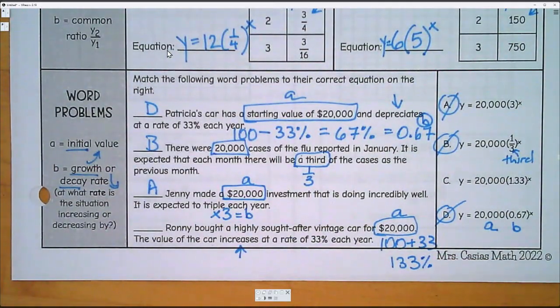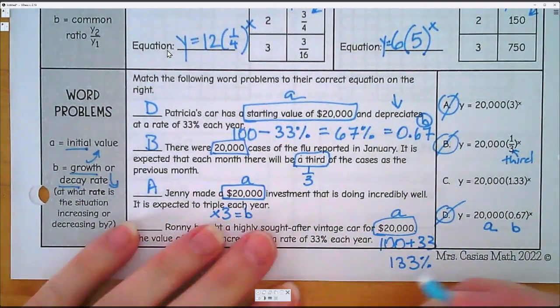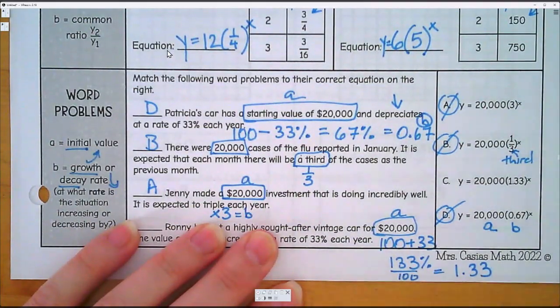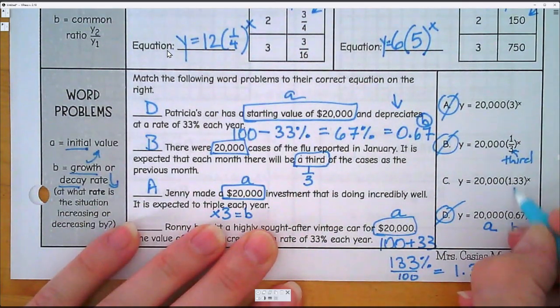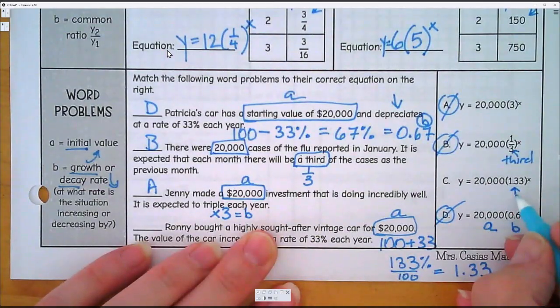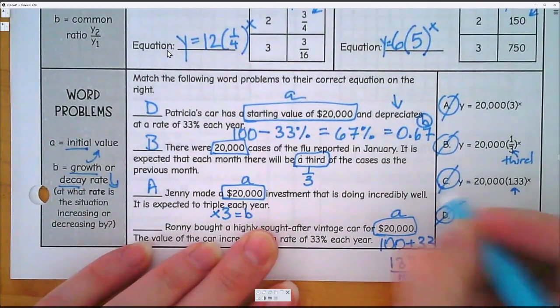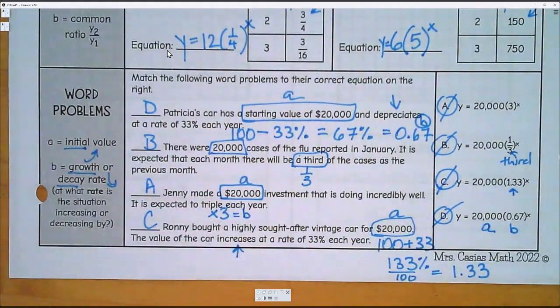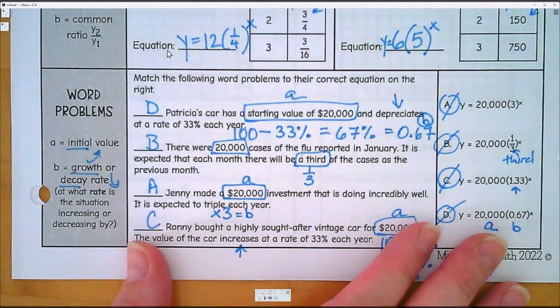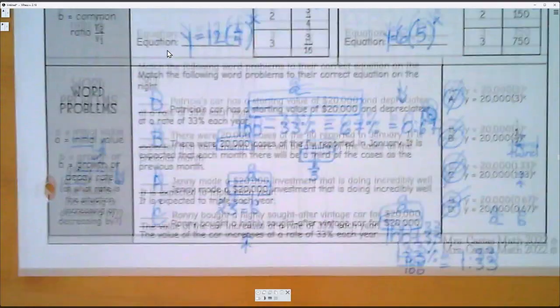And I don't want to put the percent in the equation. I want to put the decimal version of that. So if I take that and I divide it by 100, I'm going to get 1.33. Which means I can see this here, right? This is my percent. I'm increasing by 1.33 every time. And again, that car is getting more expensive. That's because it is a rare car, right? Most cars go down in value, but old cars sometimes become more valuable.